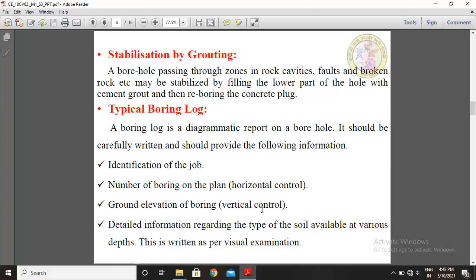Typical boring log. What do you mean by boring log? A boring log is a diagrammatic report on a borehole.